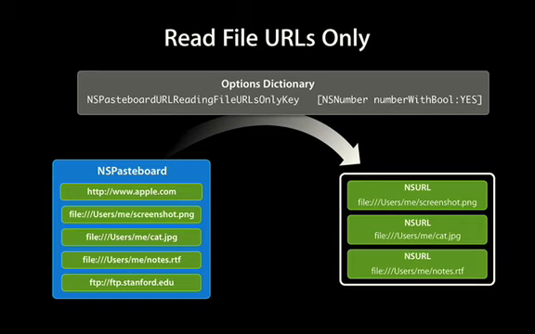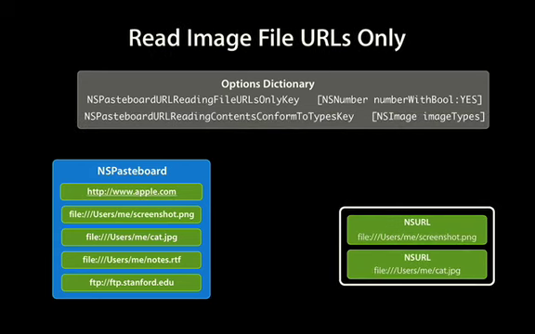And then in addition to just looking for file URLs, another very common operation is to only want to accept, say, image files or text files. You're not only interested that there's a URL, but you want to know about the contents of that URL. And so the second key is contents conforms to types. The value you provide in the dictionary is an array of UTIs.